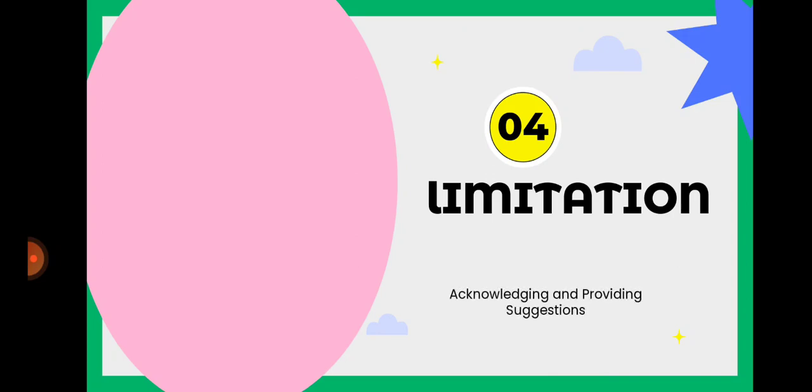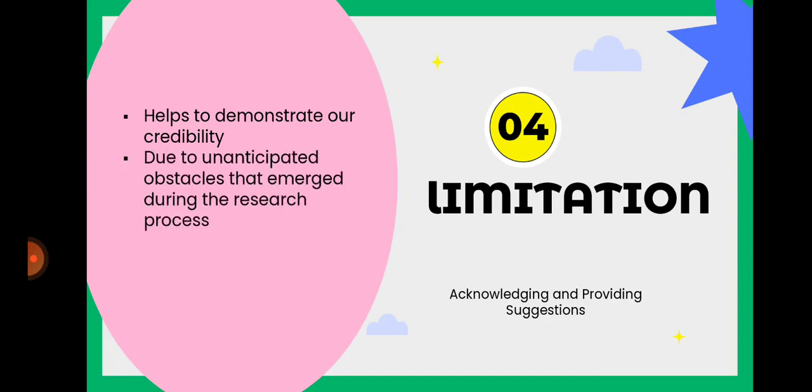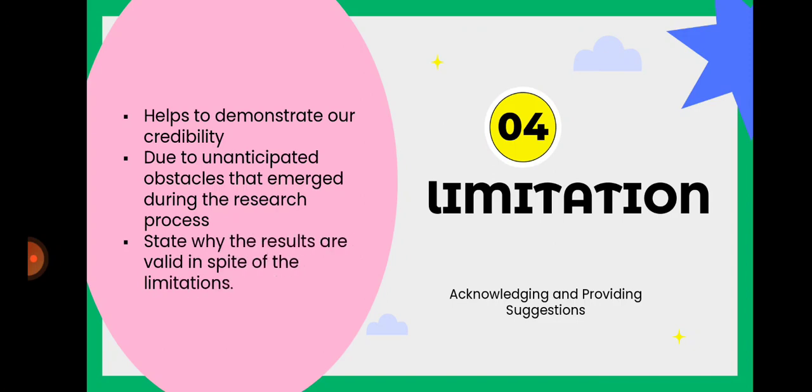So here I will say that we acknowledge and also provide suggestions in the limitation section. Limitation helps to demonstrate our credibility, and as I told you, the limitation could occur due to unanticipated obstacles that emerge during the research process. And of course, we also need to state why the results are valid in spite of the limitations.